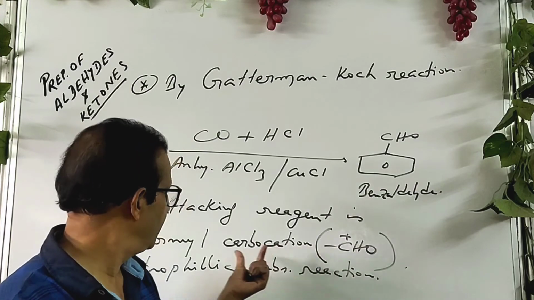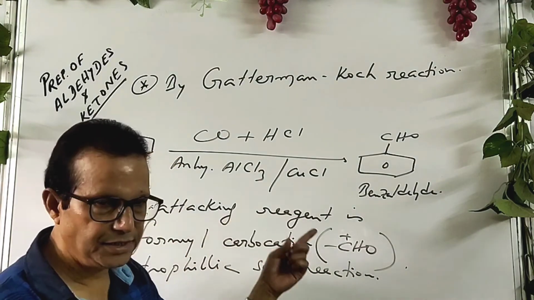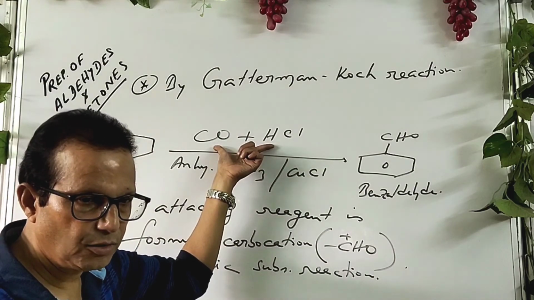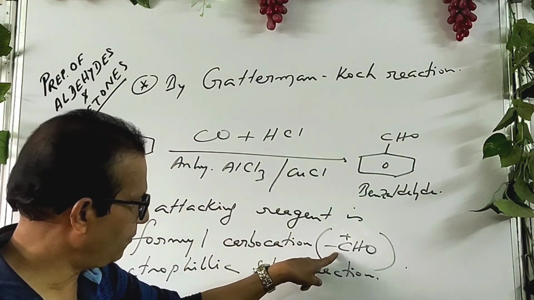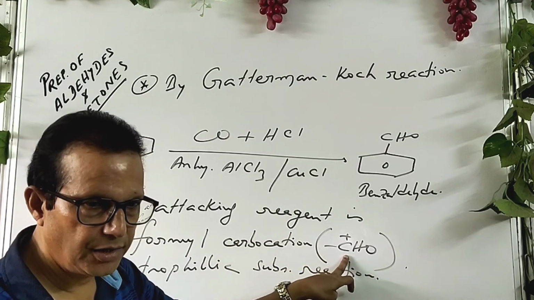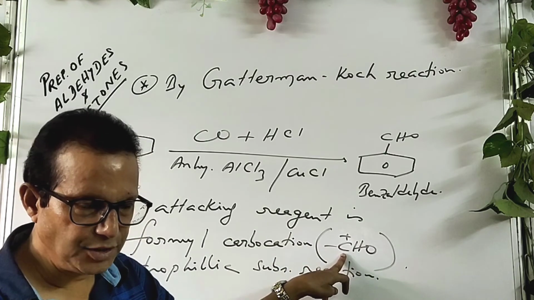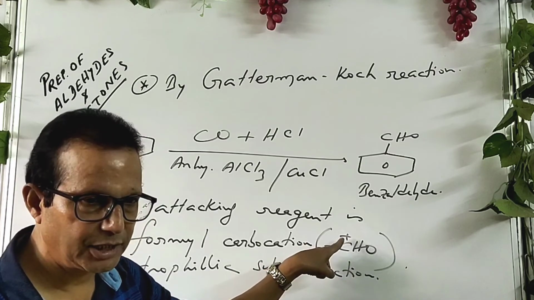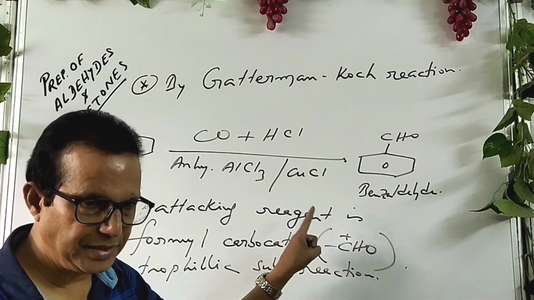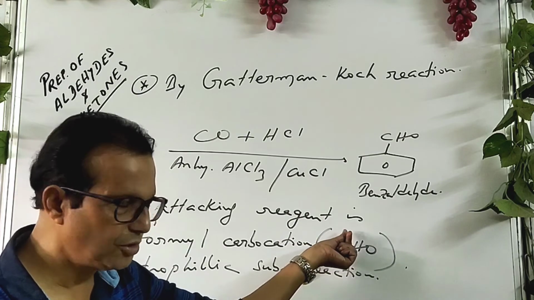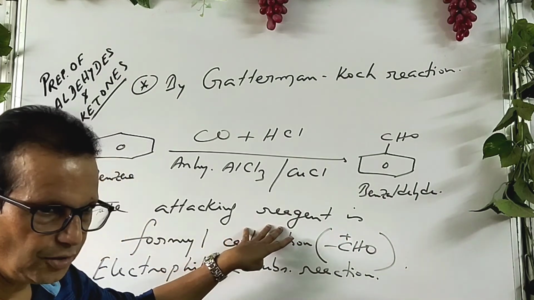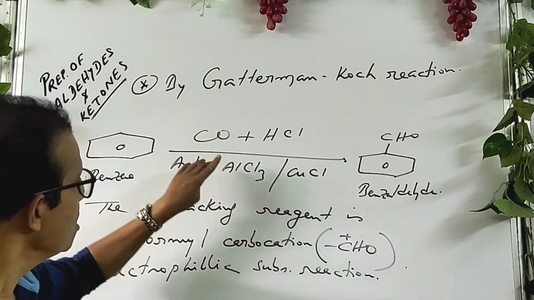Remember the attacking reagent. When carbon monoxide and hydrogen chloride react, they give formyl carbocation. Actually, CHO aldehyde has IUPAC name formyl, so it is called formyl carbocation. You know that any species having positive charge on carbon is called carbocation. This is the attacking reagent or incoming electrophile.